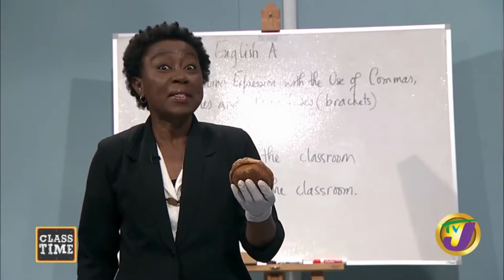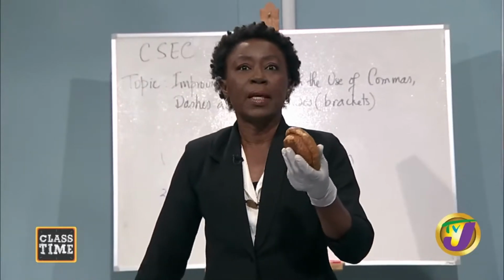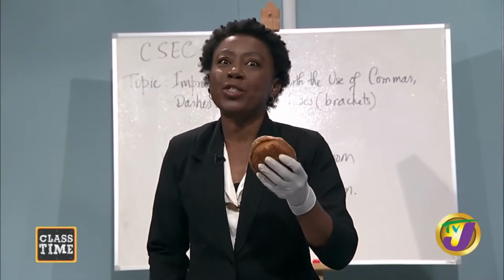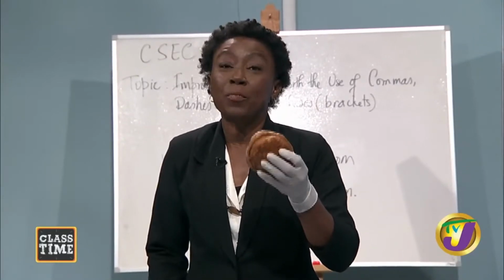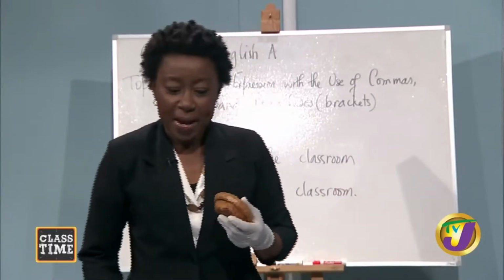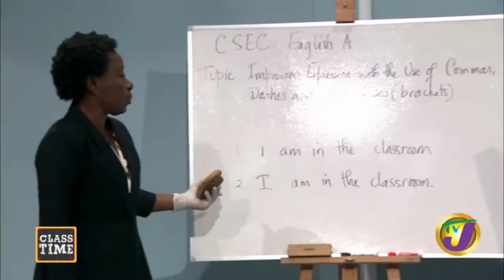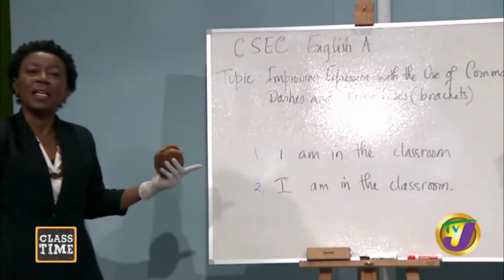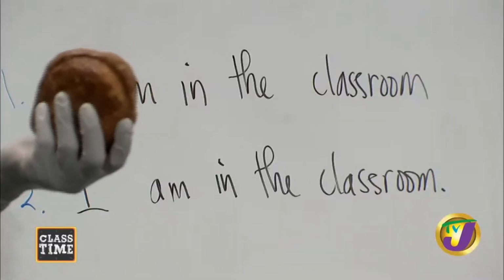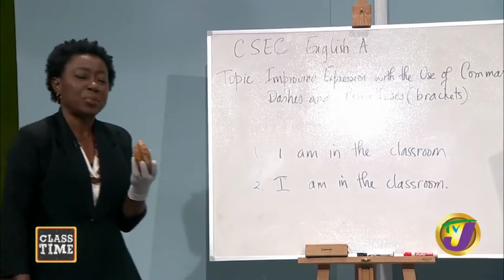Therefore, a sentence is like a bun that is ready to be eaten. It does not need anything more for me to enjoy it. If a bun is all I have, I can have it. All right. A sentence is a complete thought. It does not need anything more to be properly understood. This bun does not need anything more that's necessary for me to eat it.